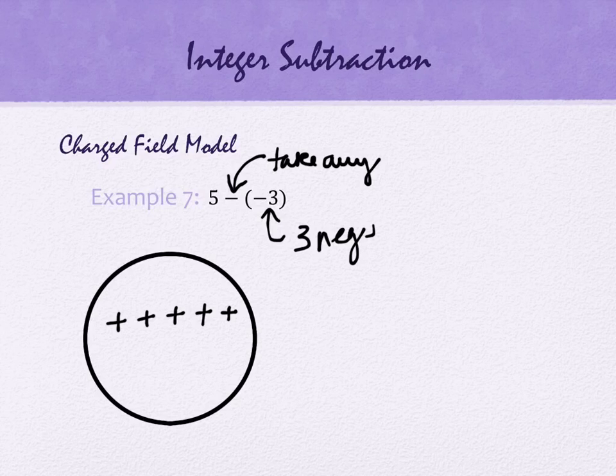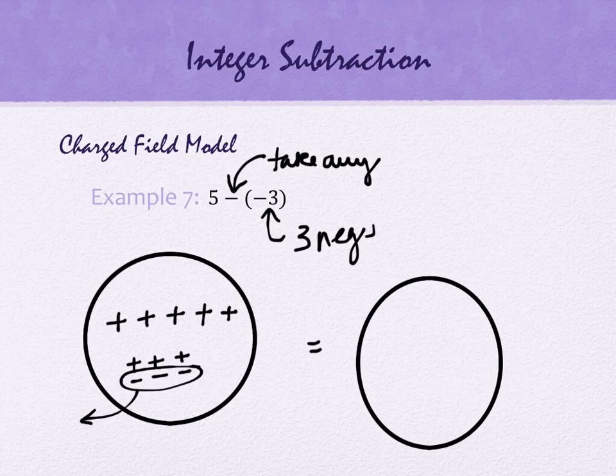So how do I get there to be 3 negatives? 0 pairs. So I put them in one at a time, right? There's a 0, here's a 0, and here's a 0. Now there are 3 negatives that can be removed, and my resulting circle has 8 positives.